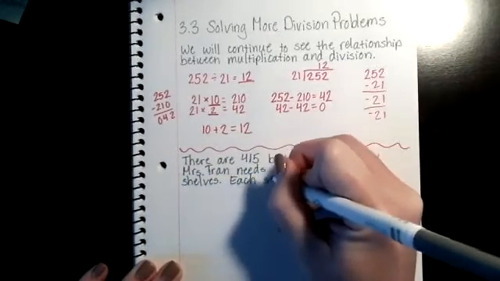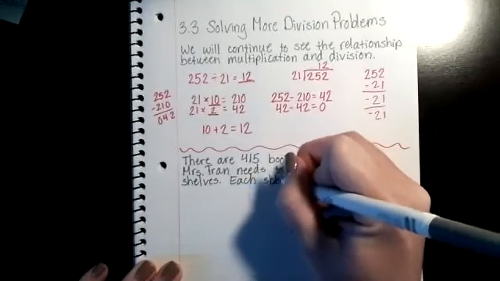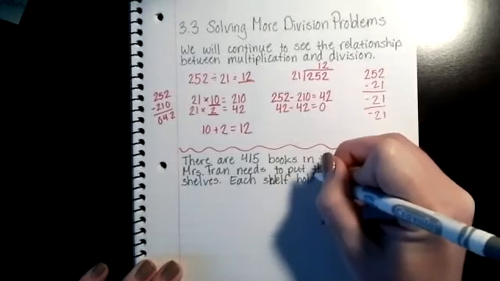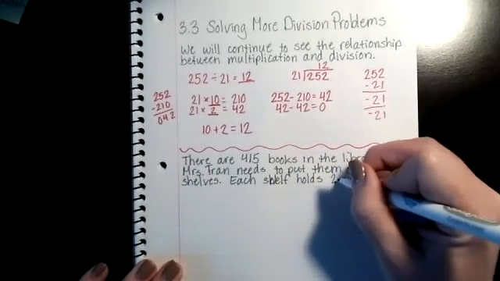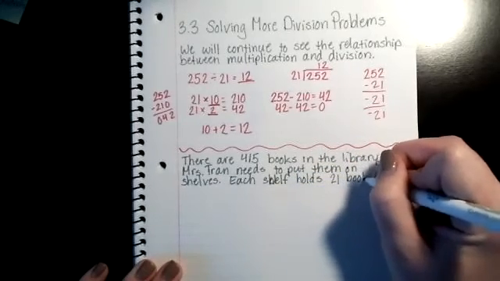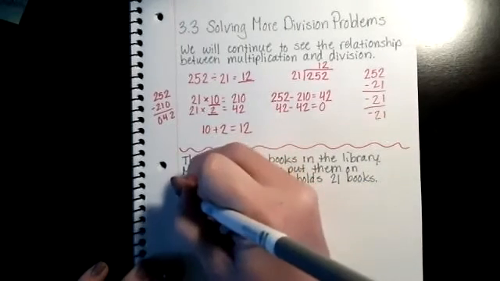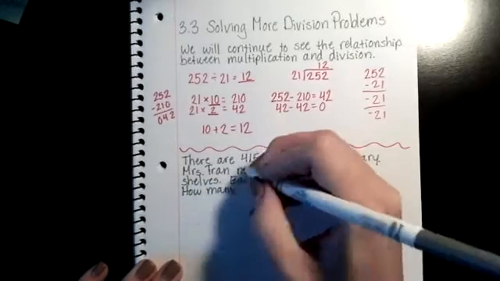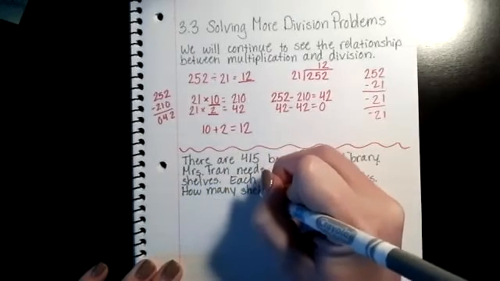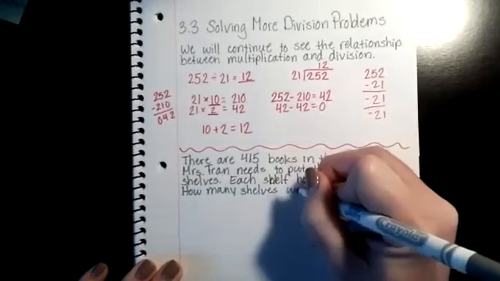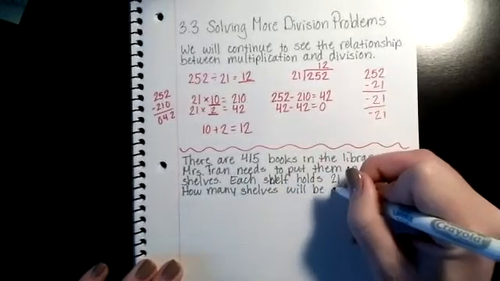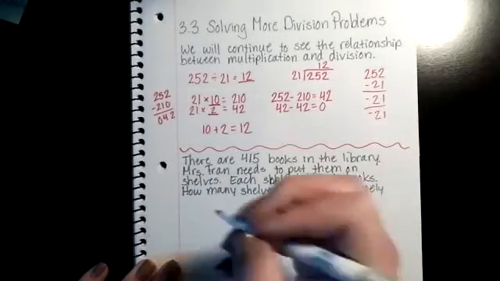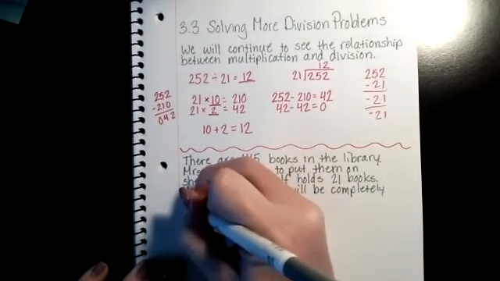Each shelf, whoops, spelled shelf wrong. Ignore that, sorry. Each shelf holds 21 books. How many shelves will be completely filled?